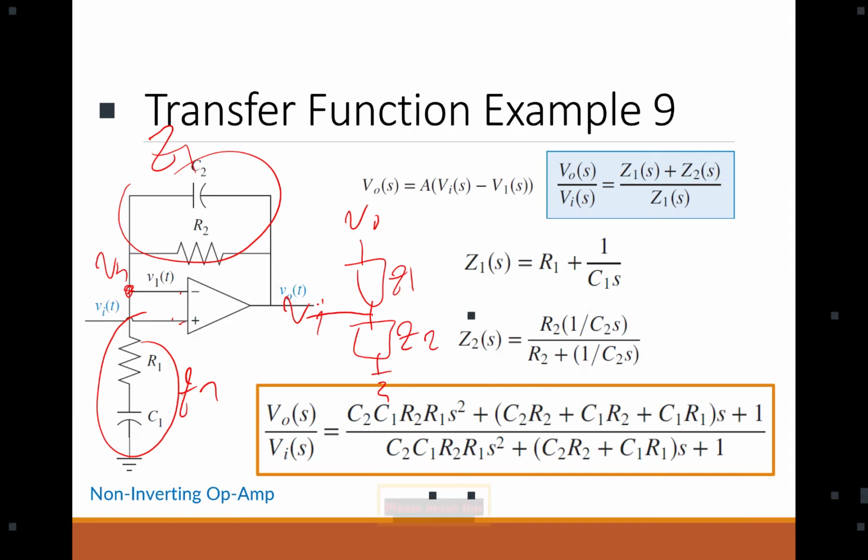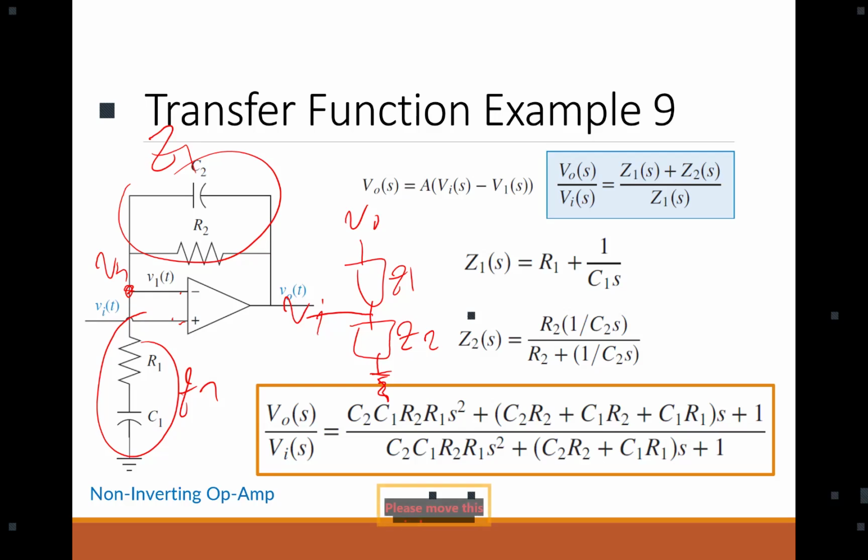What is that? From a circuit analysis perspective, when you have such a circuit, you have to instantly remember one specific circuit. What is that? Anyone? Voltage divider. So VI is going to be Z2 over the summation of the Z's times VO.